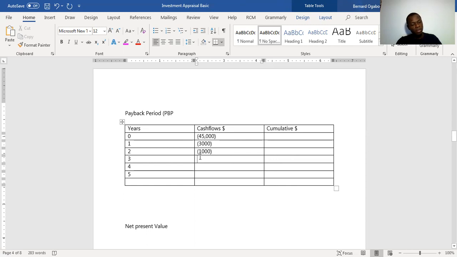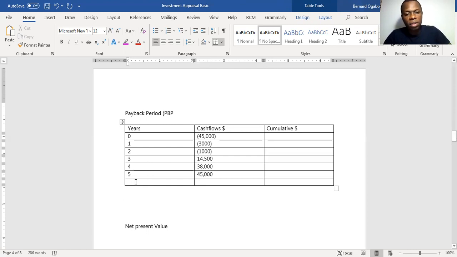Third year profit, according to our question, is 14,500. Next year profit is 38,000. And the next is 45,000.